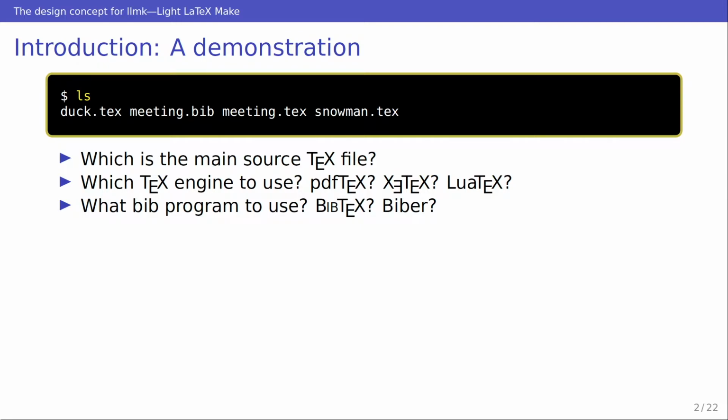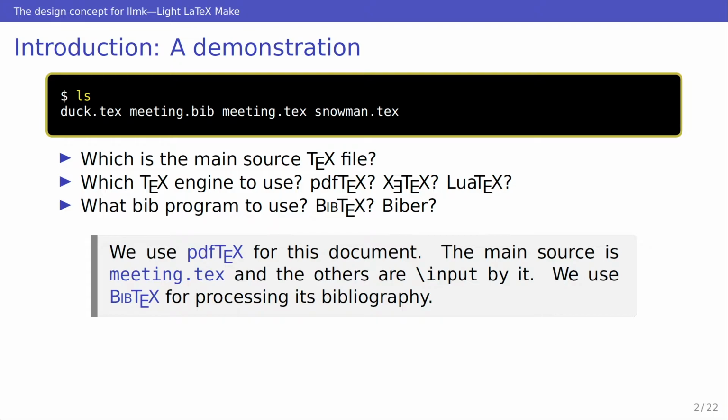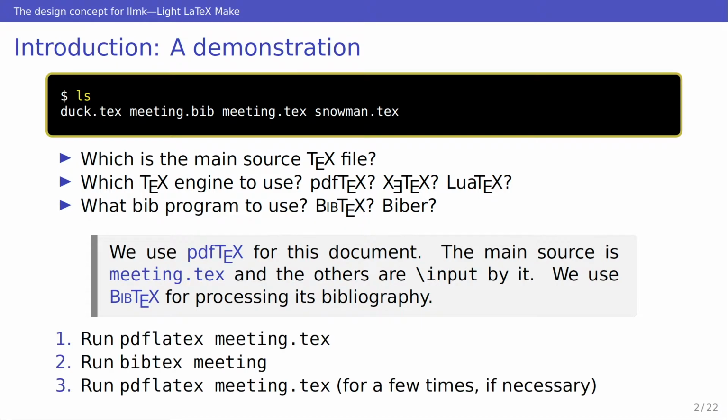But how about if we were told by the author that we use pdfTeX for this document, and the main source is meeting.tex, and the others are input by it. And also we use BibTeX for processing its bibliography. Because you all are experts of TeX, now you got that we have to run pdfTeX on meeting.tex first, and then run BibTeX for its AUX file.